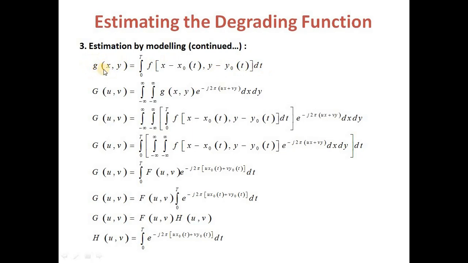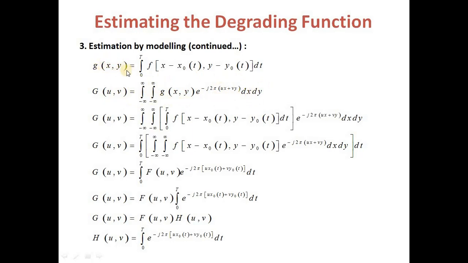Taking the Fourier transform of small g of x comma y, the degraded image in the spatial domain, to get the Fourier domain, it will be given by capital G of u comma v equals the integration from minus infinity to infinity with respect to x and y of small g of x comma y e to the power minus j2 pi (ux plus vy).